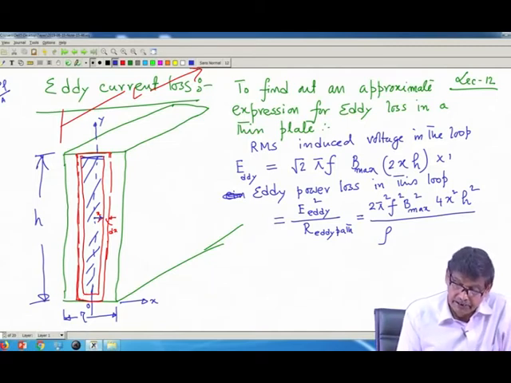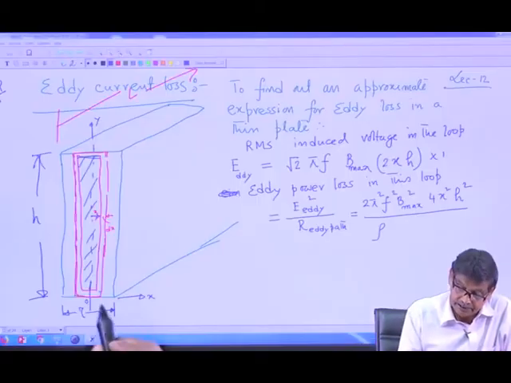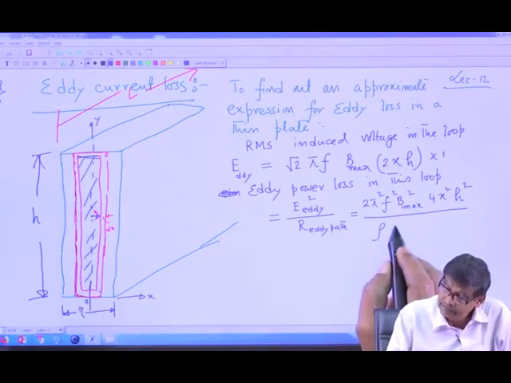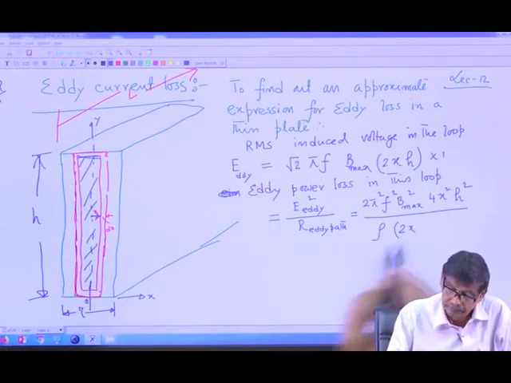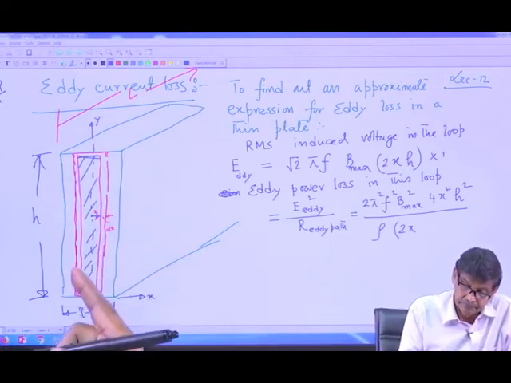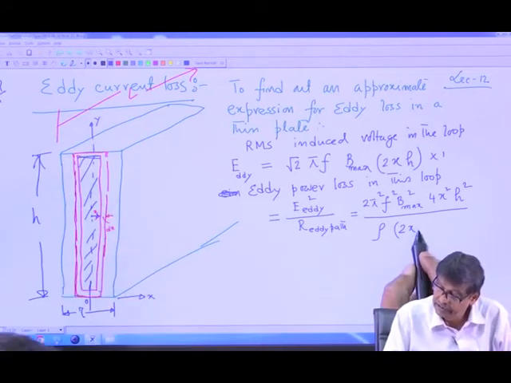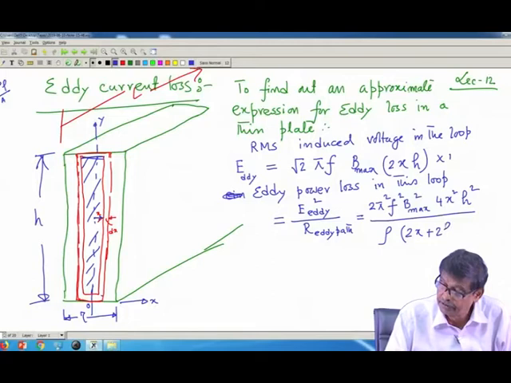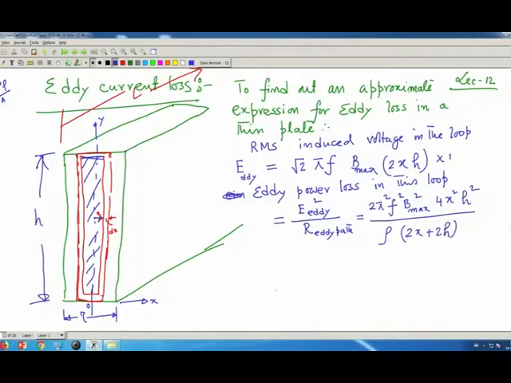L will be the length of this current path. It will be 2x plus 2h, the perimeter of this path, divided by the cross sectional area through which this current is flowing.